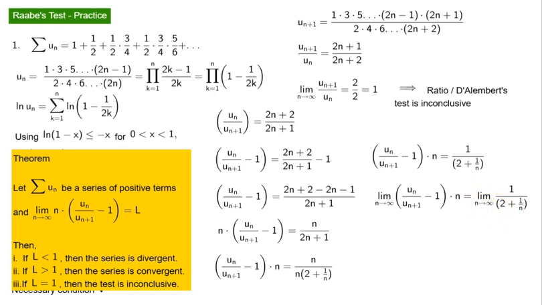And we are left with 1 by 2. So 1 by 2 is less than 1. And our Raabe's test says if the limit is less than 1, then the series is divergent. So we have reached our conclusion that the given series is divergent. Now let's look at the next problem.